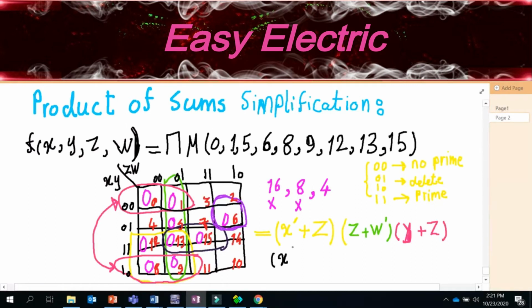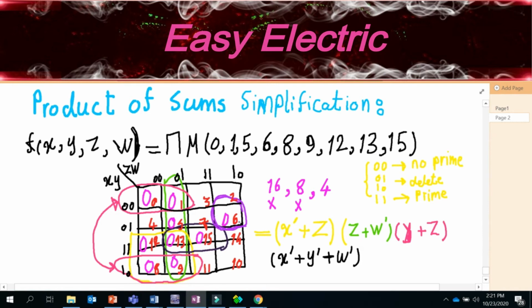So it should be x prime plus y prime. Then check the z and w. Z is 0, 1, so it should be eliminated. And the w is 1, 1, so it should get the prime. For that reason, I'm writing w prime. Okay, so that is another term.